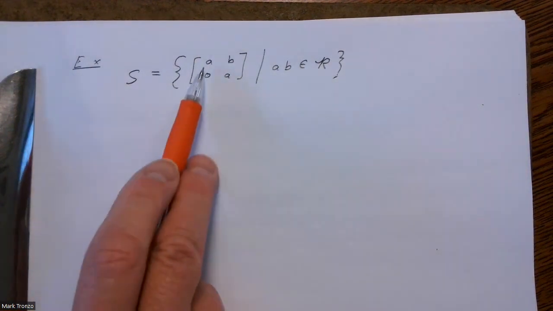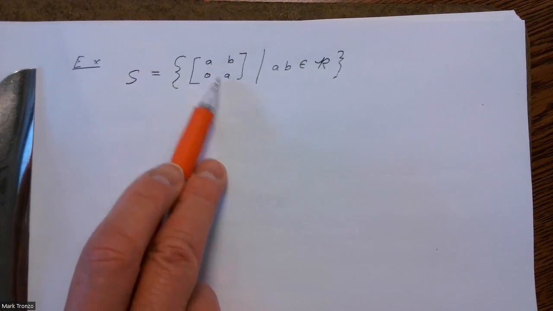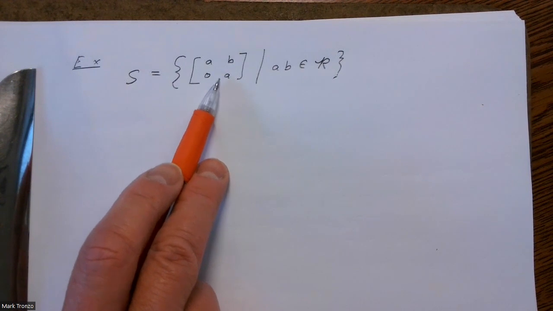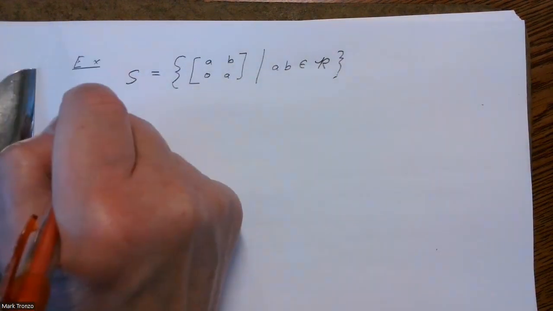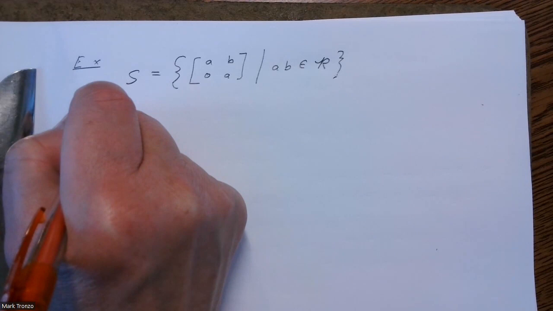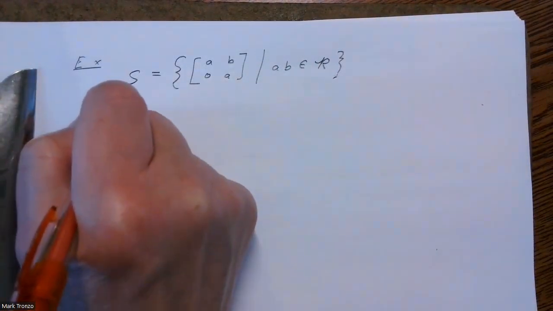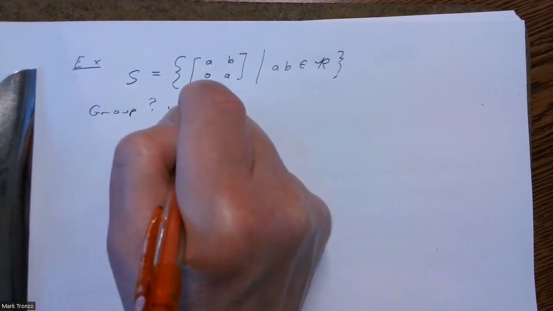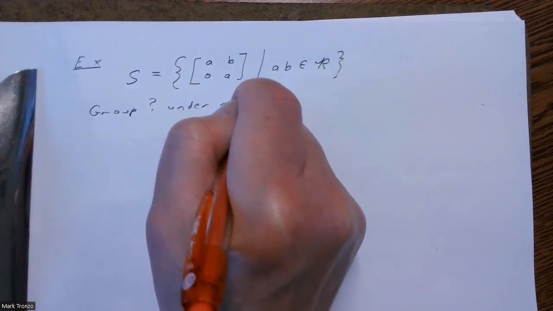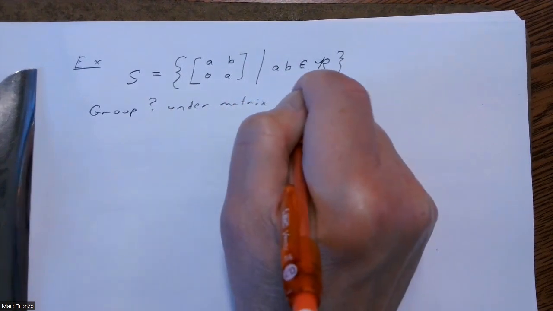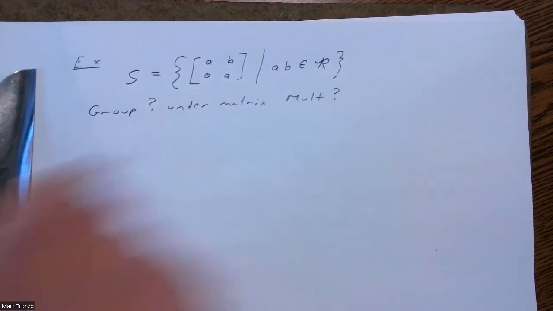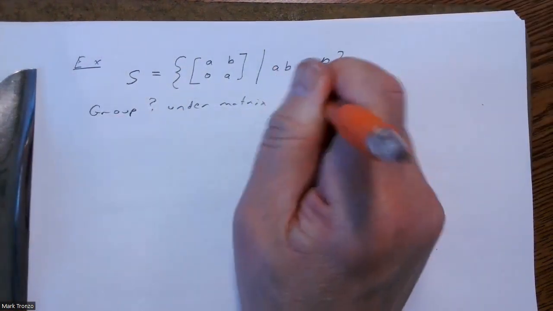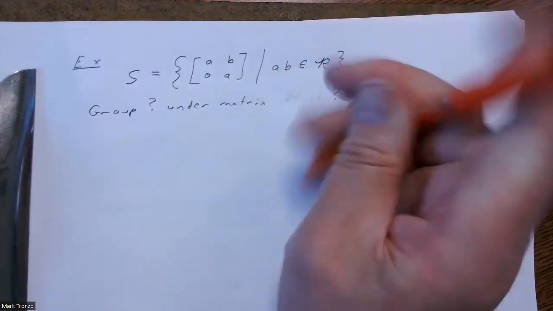And they're in particular this form, where this is always going to be the same as this. And I won't go through quite as slowly this time. So let's go through. Is this a group under matrix multiplication? And is it a ring? Excuse me, matrix addition. Yeah, sorry. Matrix addition.